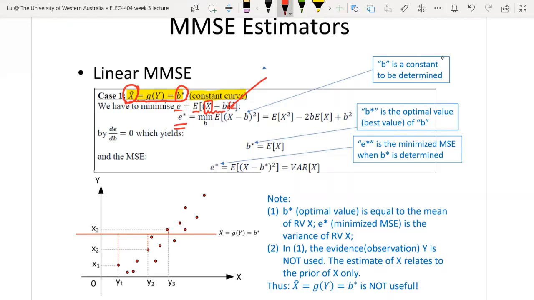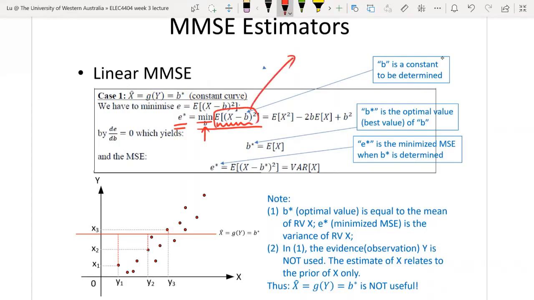But if we are using such an x hat equal to b estimator, what will be the value of this minimized mean square error? It is calculated this way. First of all, we want to select the best b value which can minimize the mean square error. It's a little bit messy, but I hope you can read it. Regarding the expectation, we can write it in the corner here.